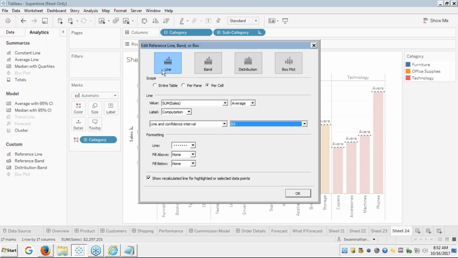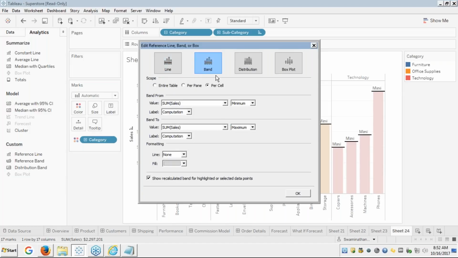There is a reference line, friends, and there is a reference band. So what is a reference band? As Manikandan asked, what is the business usage of this? See here, I wanted to know where my sum of sales is minimum or maximum, or I will say where my sum of sales is average and maximum alone.